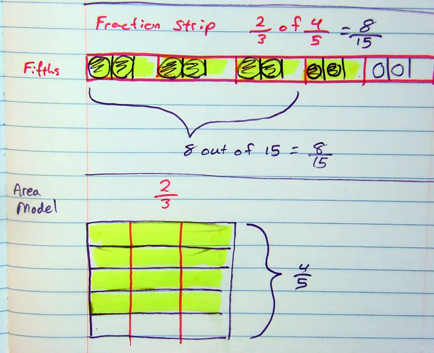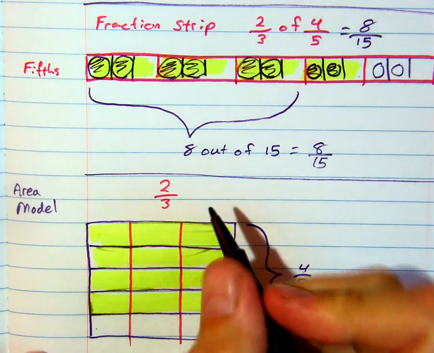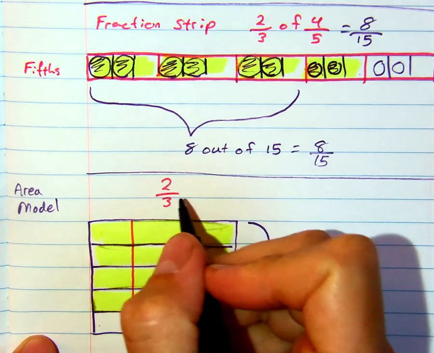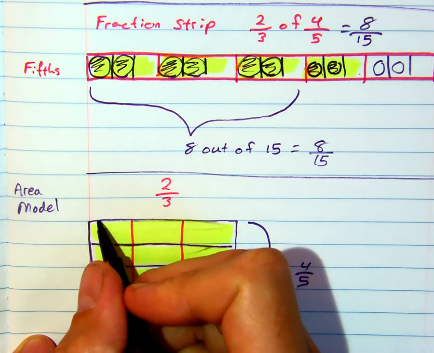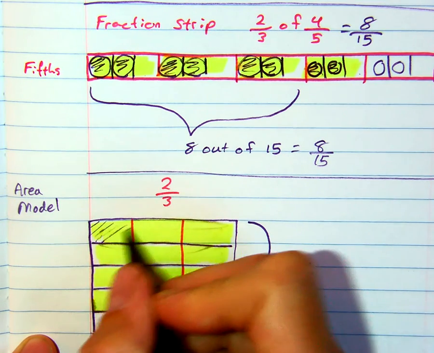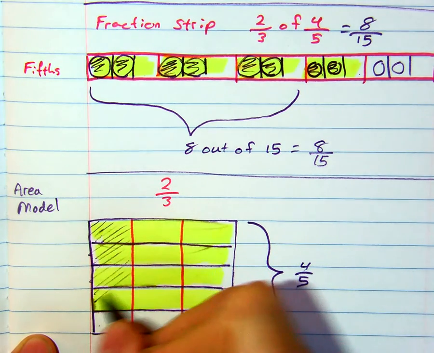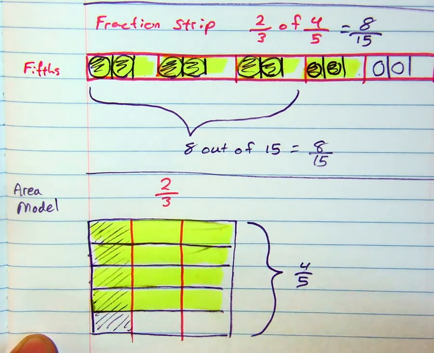And let's see, do I have a different highlighter? I'll just do some shading. So remember, I have 3 total columns. I'm looking to shade 2 of them. I'm just going to do a diagonal shade through 2 columns. There's 1 column, that's 1/3.